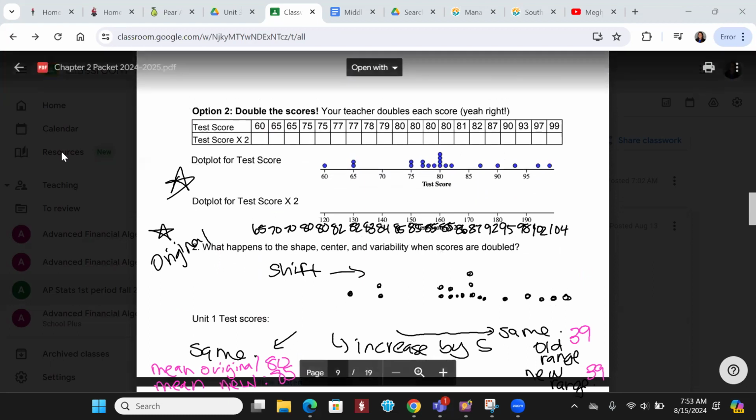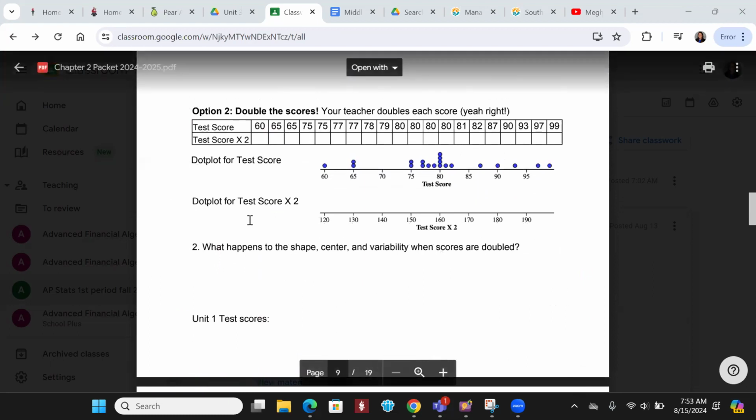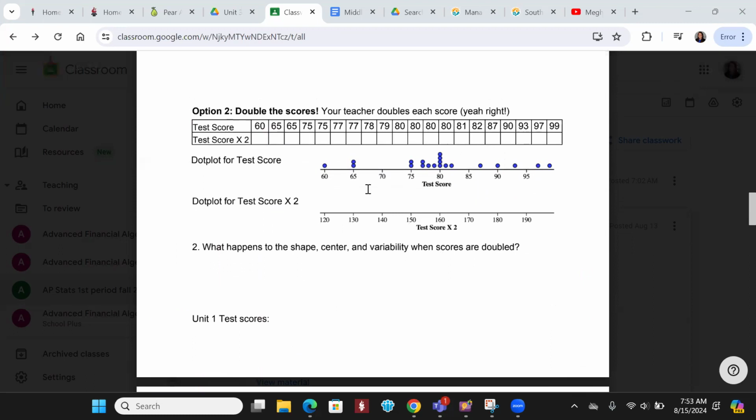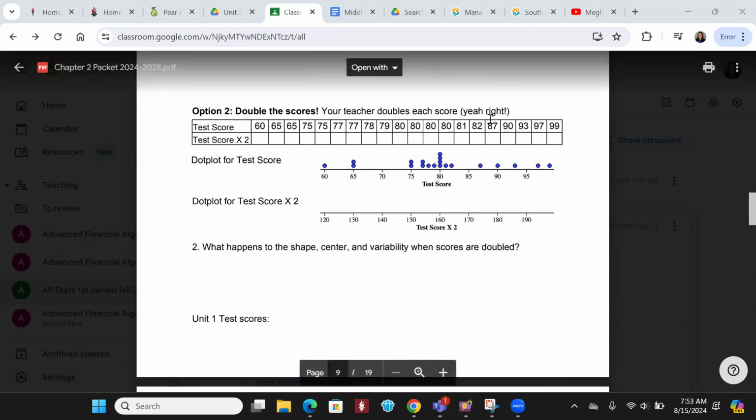All right. On the next one, option 2 is to double the scores. Your teacher doubles each score. I don't think this would happen, but if you doubled the score on each of these, you're multiplying by 2. So let's fill in the table.